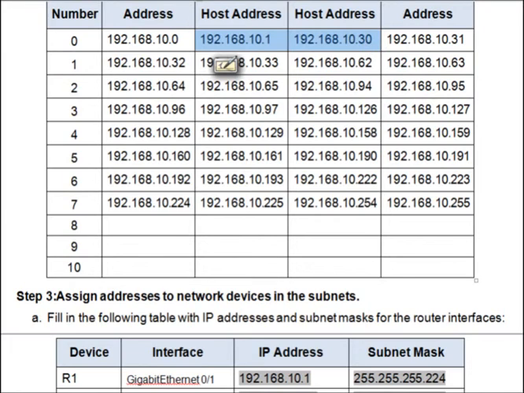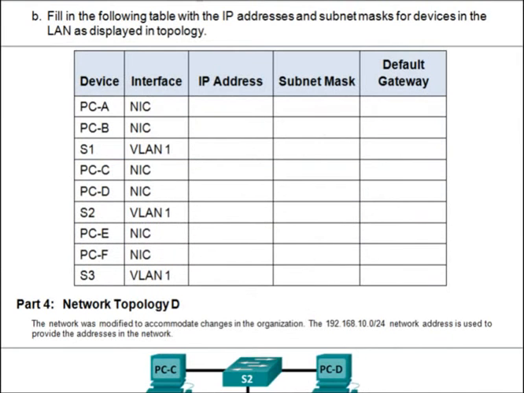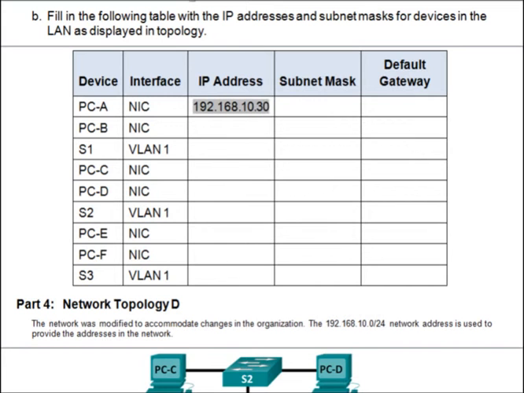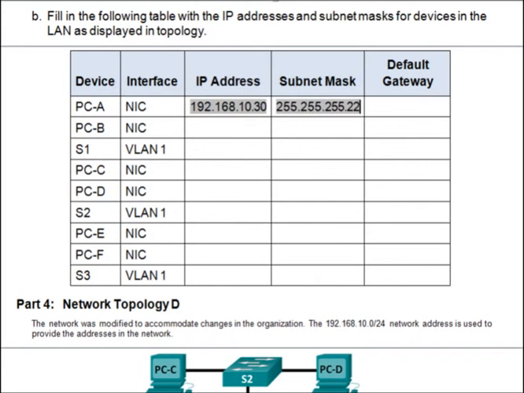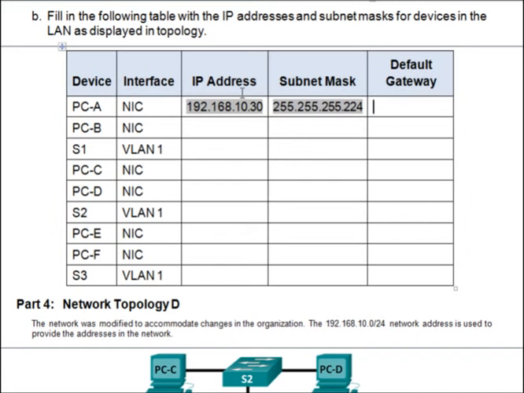So let's use 192.168.10.30 for the PCA. Subnet mask is still the same. We'll leave the default gateway for a short while, and PCB will be the next address, 192.168.10.31. Subnet mask is still the same.